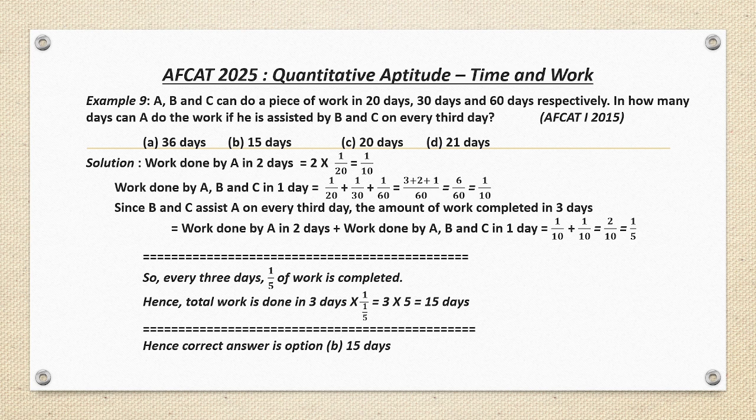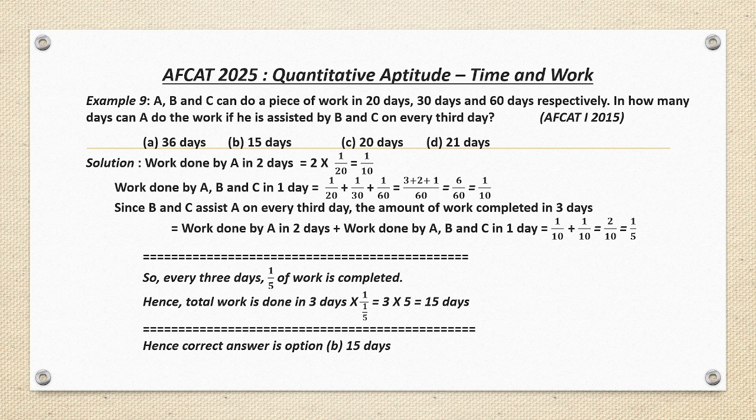So, he is doing 1/10 work in 2 days. And on the third day, B and C are joining. So, 1 by 20 plus 1 by 30 plus 1 by 60, that is 1/10. Okay. So, on the third day, all together, A, B, C, together they are doing 1/10.